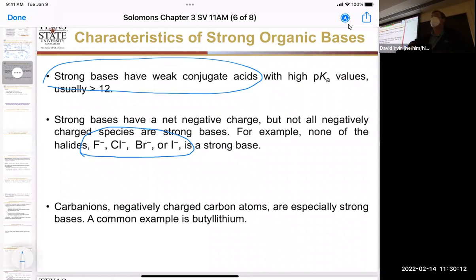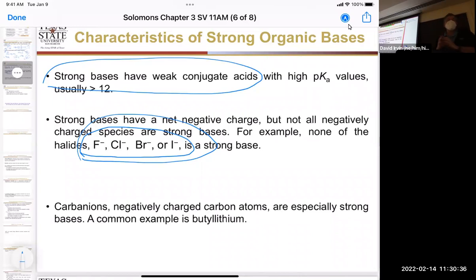Chloride ion is a very weak base. In fact, none of the halogens form strong bases at all. Fluoride would be the most basic because it has the highest pKa.